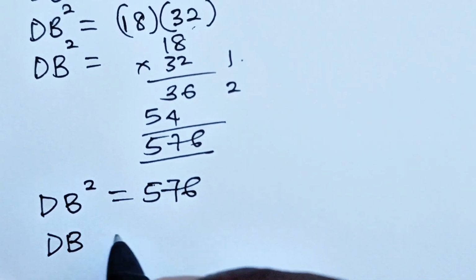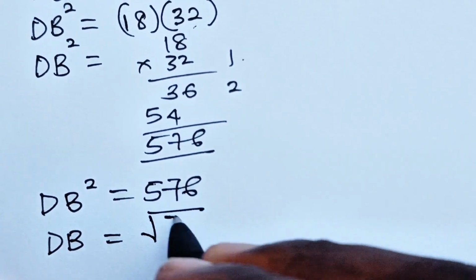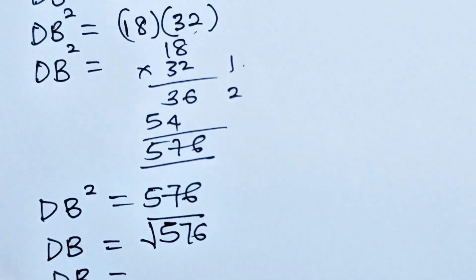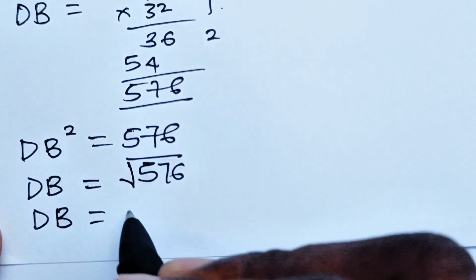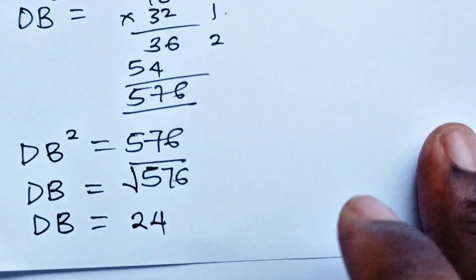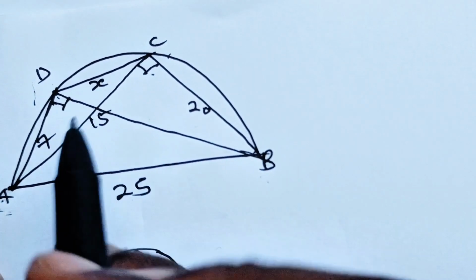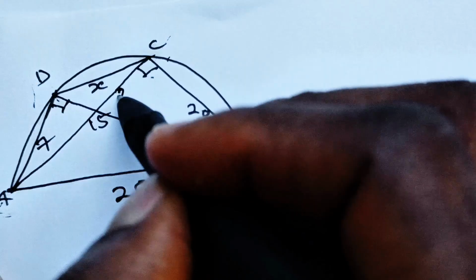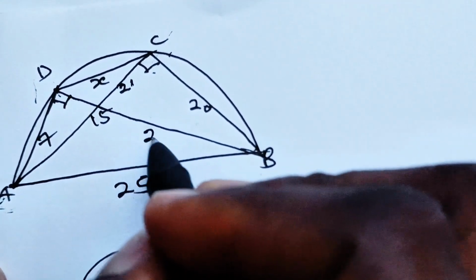Therefore, our DB is equal to the square root of 576, which is 24. Okay, all right. So that means we have AC as 24. What am I doing? DB is 24, sorry. AC is 15. All right.